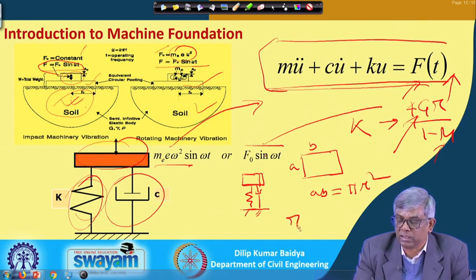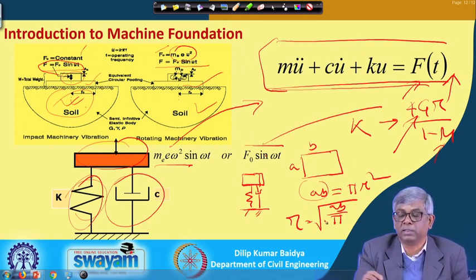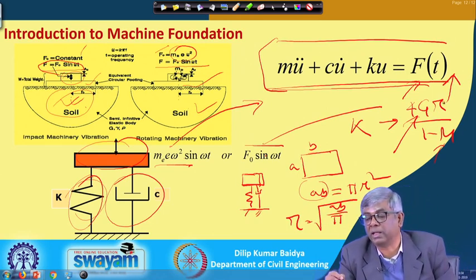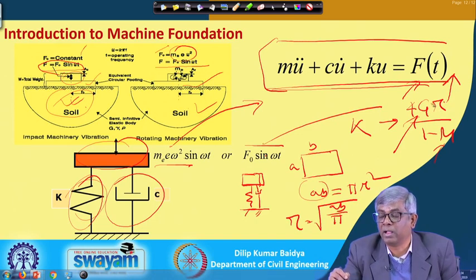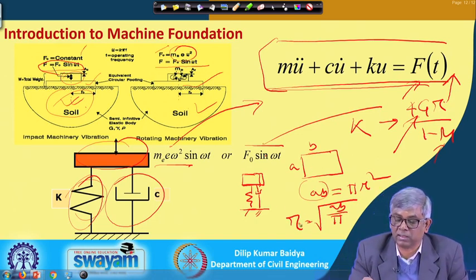I can find the equivalent radius equal to the square root of AB by pi. So if it is a circular foundation, I directly use R in this equation to find k, and if it is non-circular, I find R by the equivalent method and then find k.